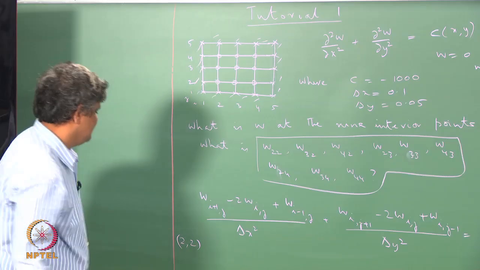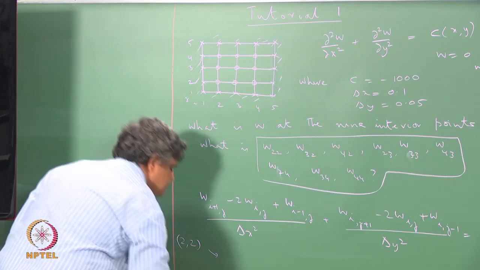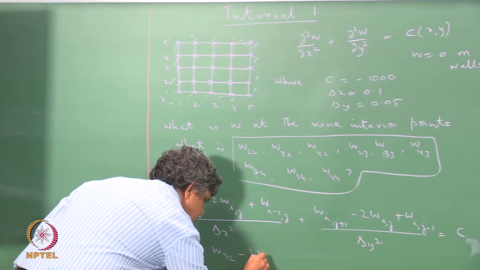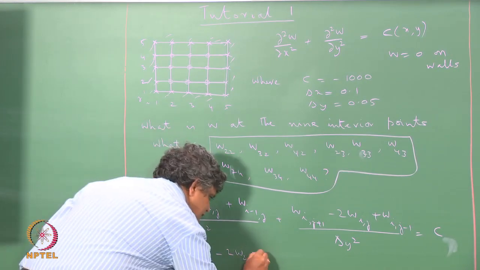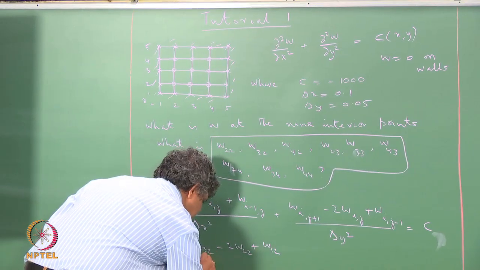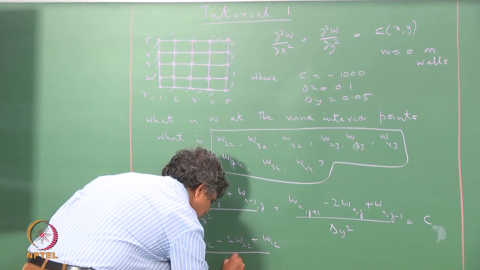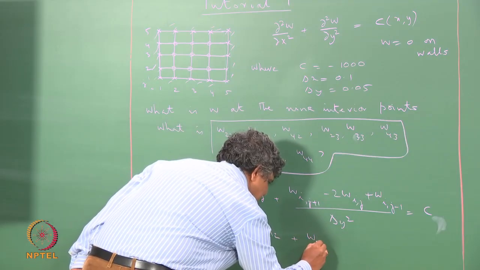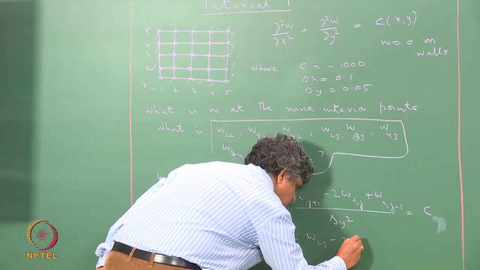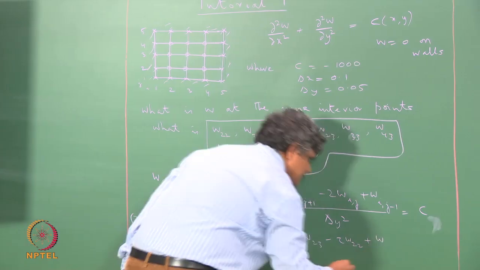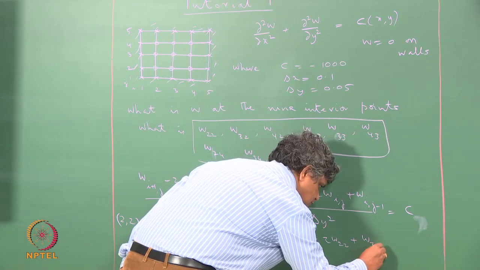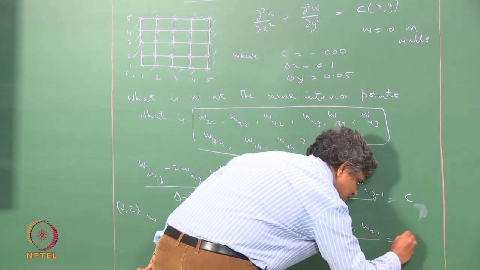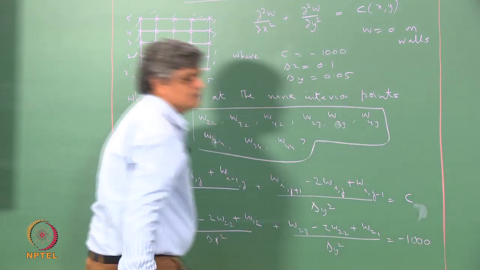For this case, we can write this as W32 minus 2W22 plus W12 divided by delta x square plus W23 minus 2W22 plus W21 divided by delta y square equal to minus 1000.